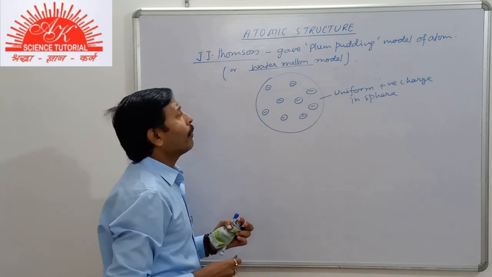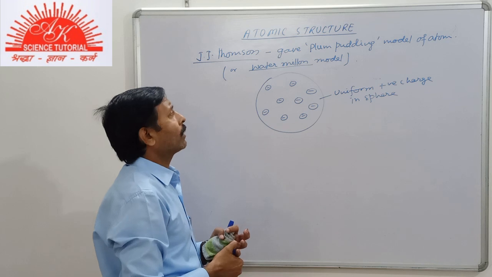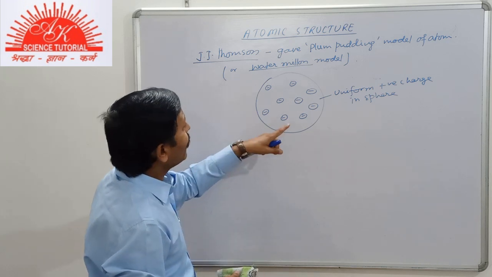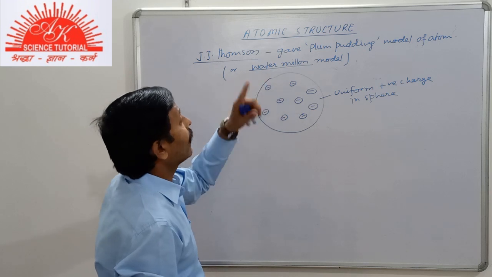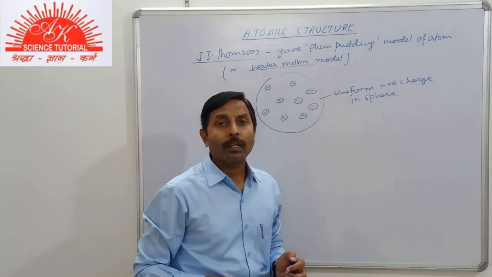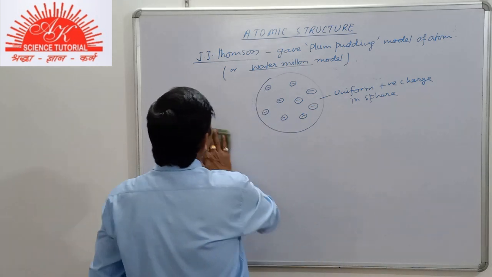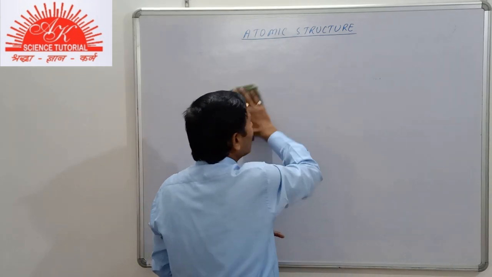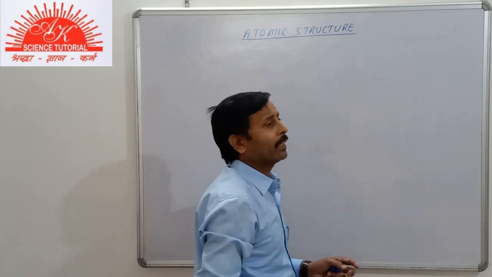This is called plum pudding model, or also known as watermelon model. This was the arrangement of these two particles given earlier. But this was not a satisfactory explanation. Later on, more scientists tried to find it out.